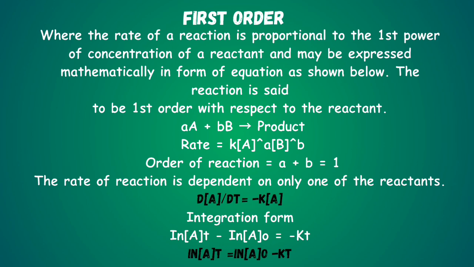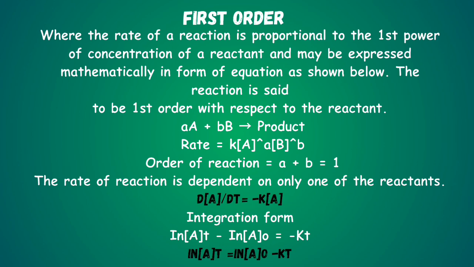So don't forget that the integrated form again is the natural logarithm of the concentration of the reactant at a time t equal to the natural logarithm of the concentration of the reactant at the initial, that's A0, the initial concentration, minus kt.